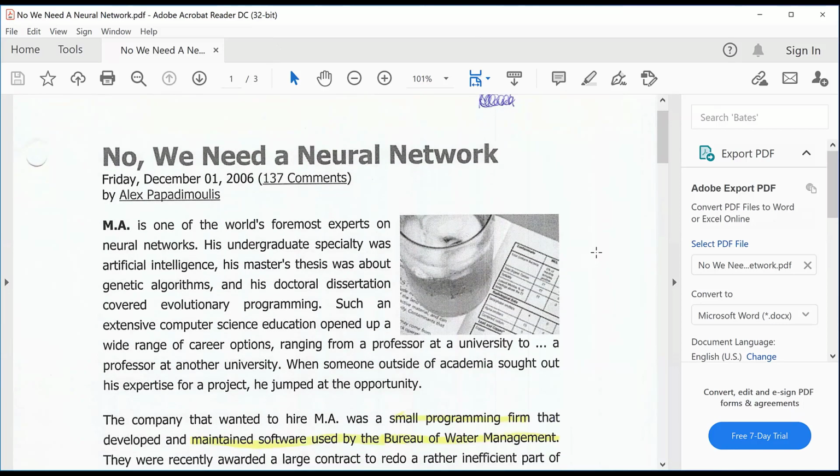So this is a kind of interesting article written a while back about a company that wanted an expert in neural nets to fix a problem and how it went. So this guy, MA, it's just his initials to protect the innocent, did an undergraduate specialty in artificial intelligence, master's thesis in genetic algorithms, and doctoral dissertation in evolutionary programs, all AI learning methods.